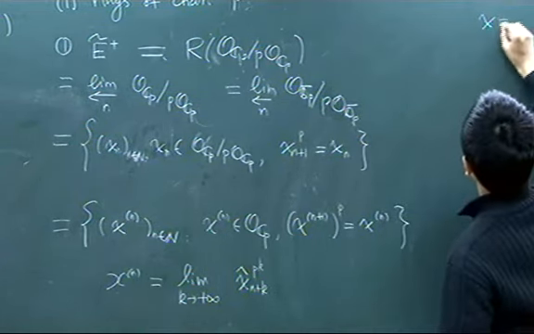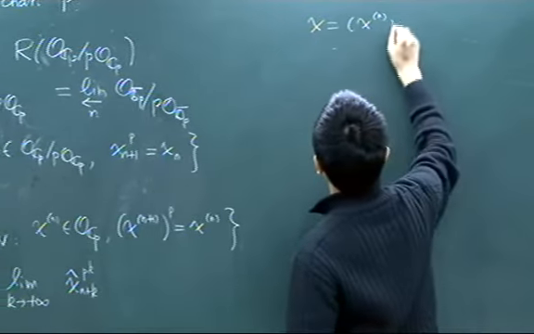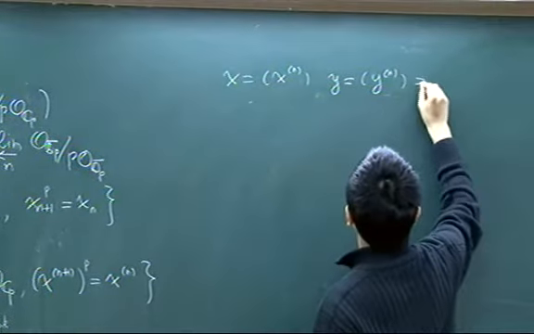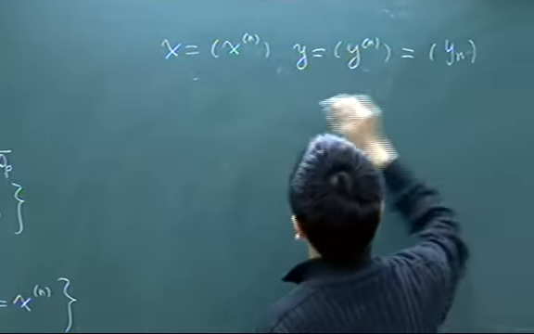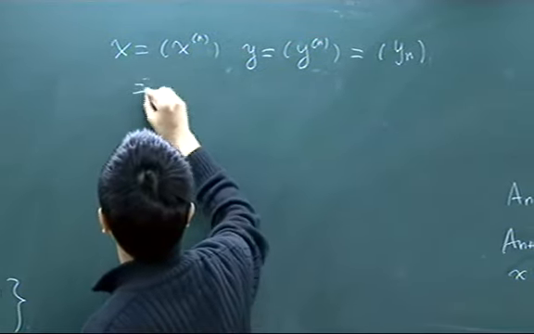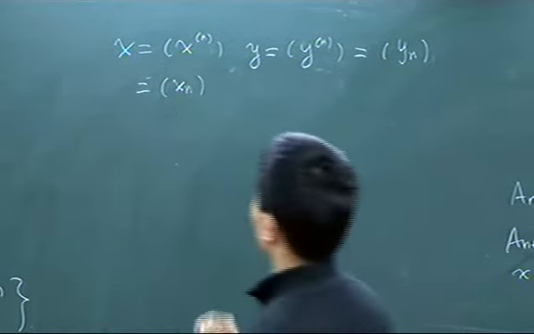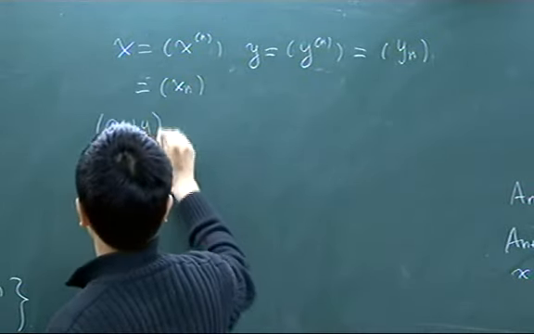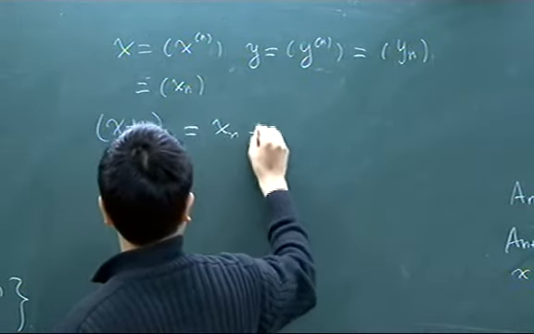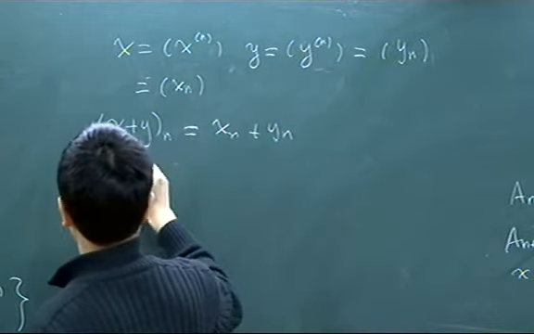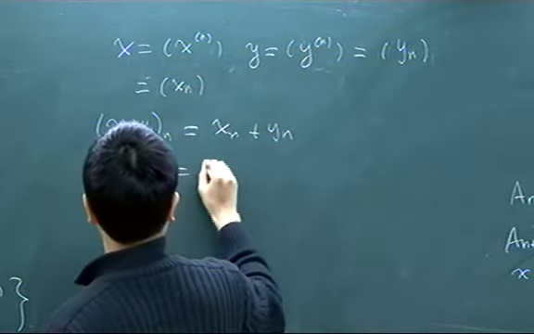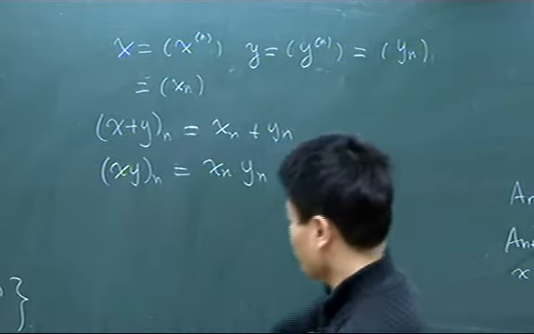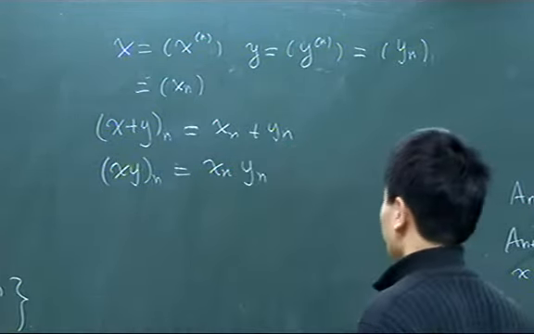Say x is (x_n) and y is (y_n). Then (x+y)_n is just x_n plus y_n, and (xy)_n is x_n y_n. This is just a projective limit. But for the other one, it's a little more difficult.